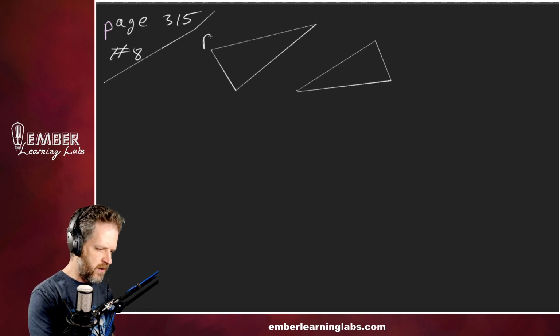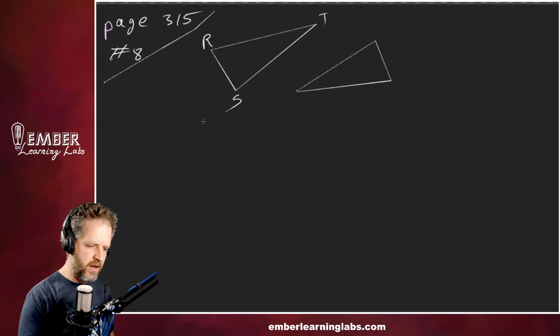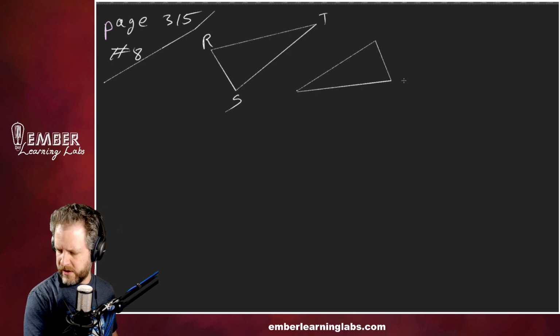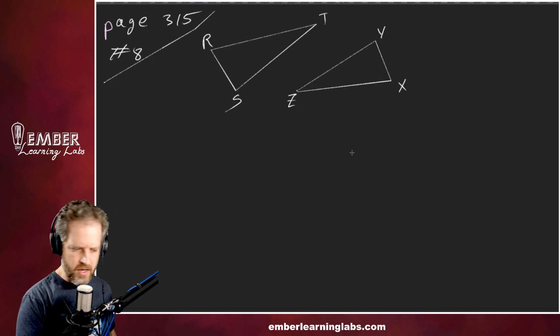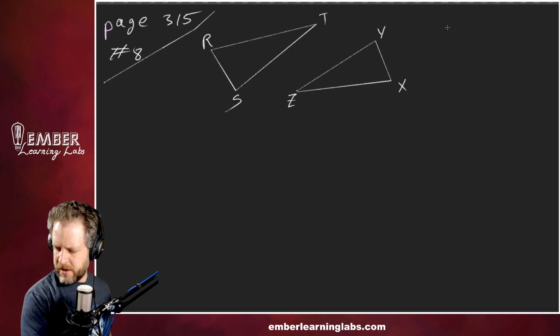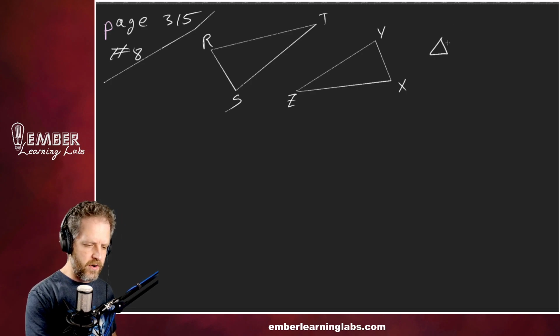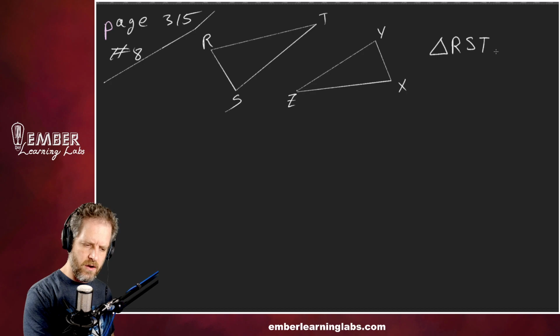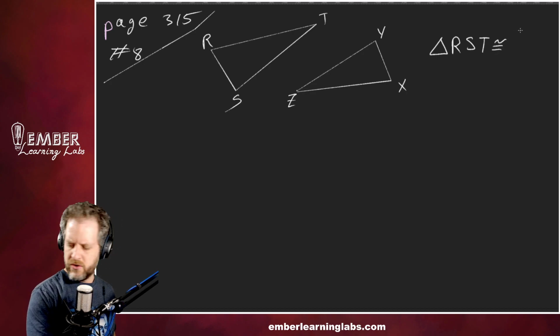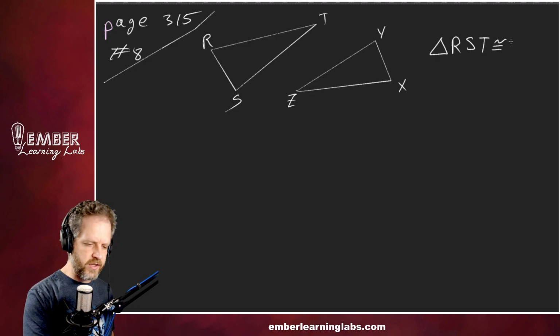This is R, T, S, and this one is X, Y, Z. It tells us up at the top that triangle R, and this is important, the order, and I'll show you what I mean in a second, RST is congruent to triangle XYZ.